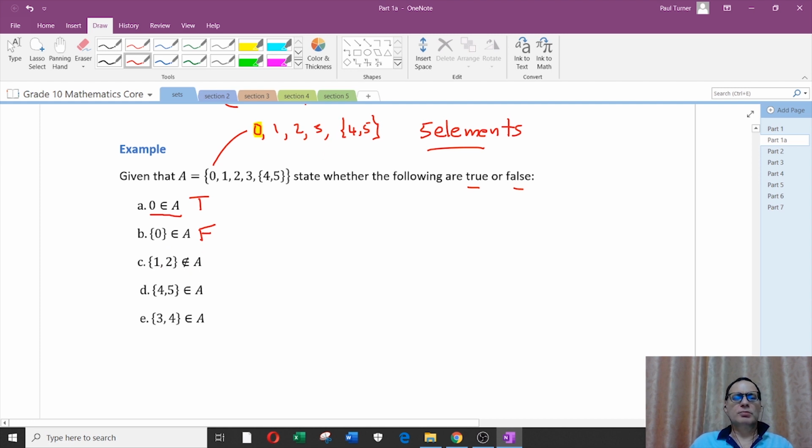Do you see {1, 2} in brackets here? No. So {1, 2} is not an element of A, so that's true. {4, 5}. Is {4, 5} an element? In brackets? Yes, it's here. {4, 5} is an element, so we write true. {3, 4} in brackets, is that in here? You don't see it here, so this is false.